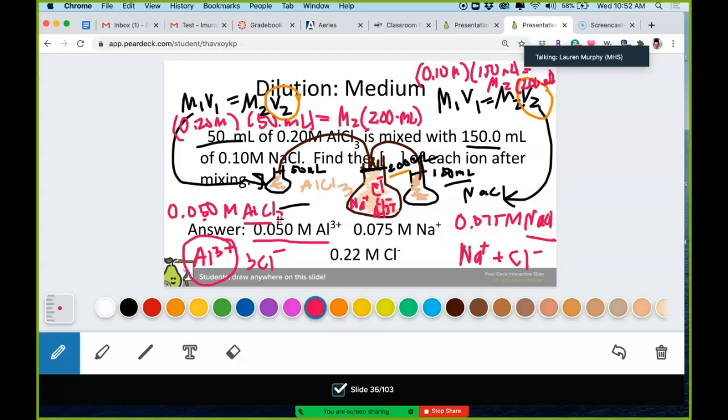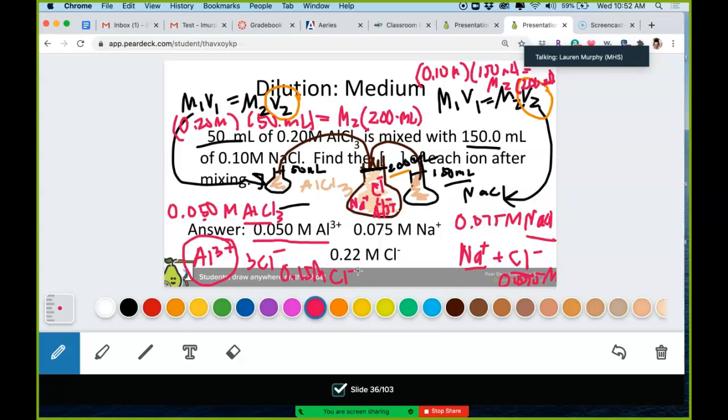But there's triple the chloride ions. So you have to actually take 0.050 and multiply it by 3 if you want to know the concentration of chloride ions in there, which would be 0.15 molar chloride ions coming from the aluminum chloride. Okay, now the sodium, there's 1 sodium and 1 chloride ion. So 0.05 molar sodium ion and 0.075 molar chloride ion.